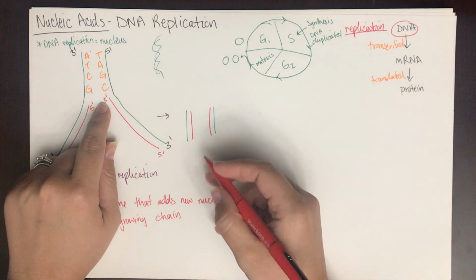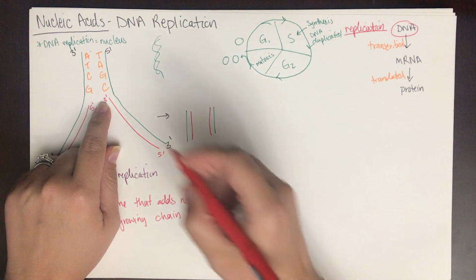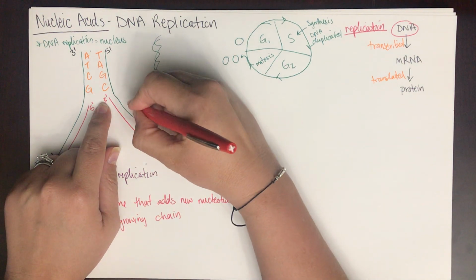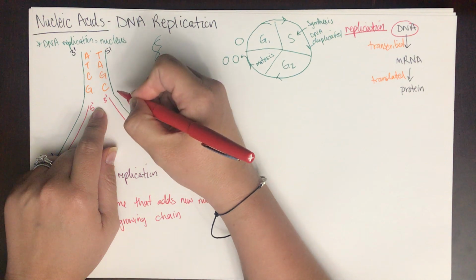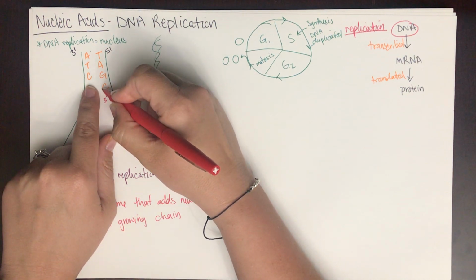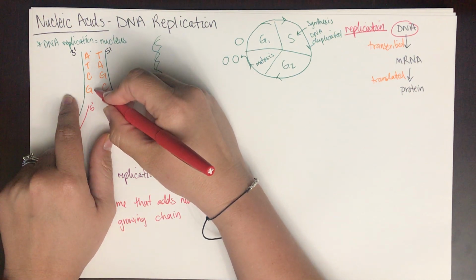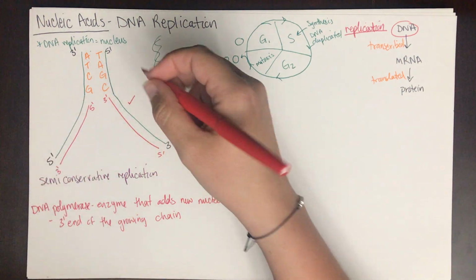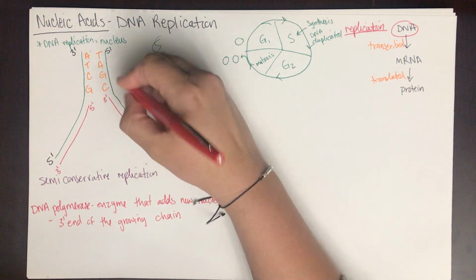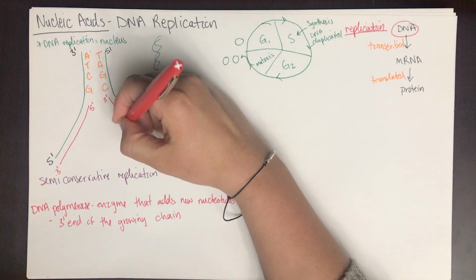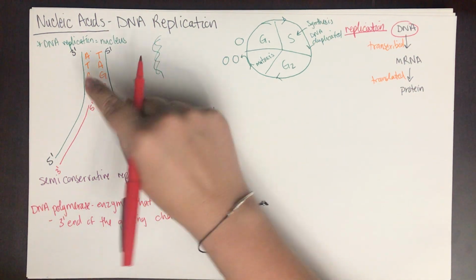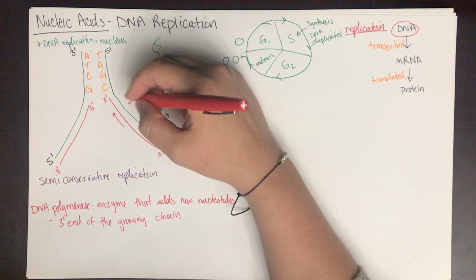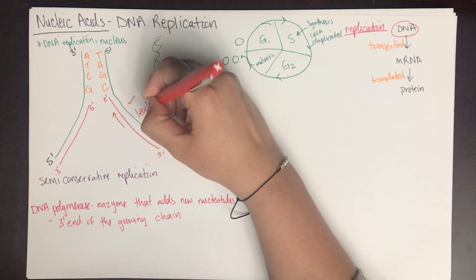This is the 3' end, so DNA polymerase could continue to add in this direction because the next nucleotide that it's going to add here to the C, it's going to add a G, and at this G it would add a C on this other side. So what happens is this is the strand where the DNA polymerase is going with what we call the replication fork here. That's why this is called the leading strand.